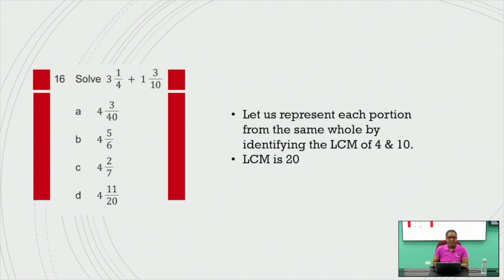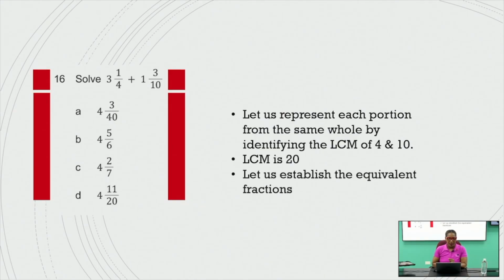What number can we divide 4 into without a remainder? And what number can we also divide 10 into without a remainder? In this case, it's 20. So 4 is divided into 20 five times evenly, and 10 goes into 20 two times evenly. So we move right along by establishing equivalent fractions.